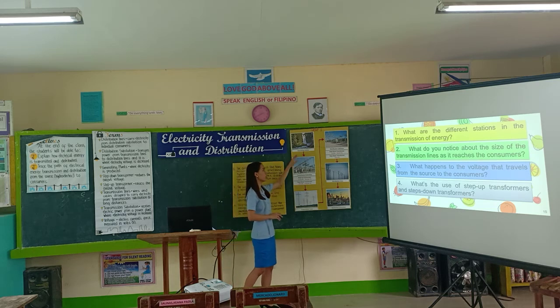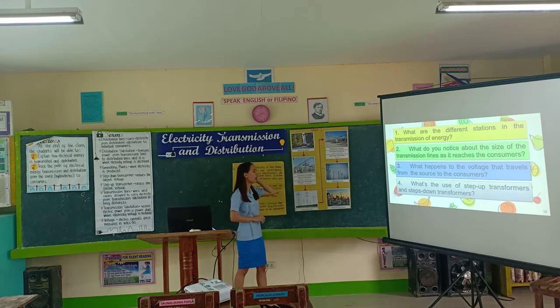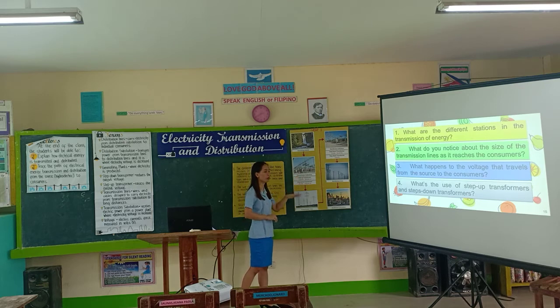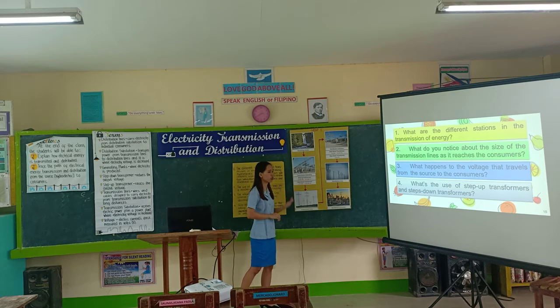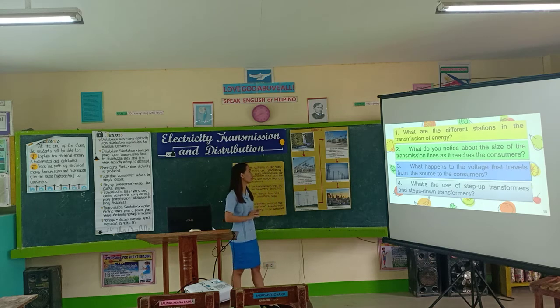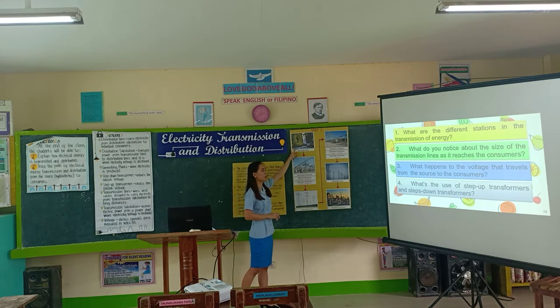In our activity, we use the hydroelectric power plant. After the generating station, we have the next substation, which is called the transmission substation. What is the transmission substation all about? It receives the electric power from the generating station.